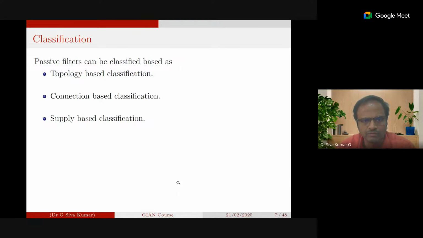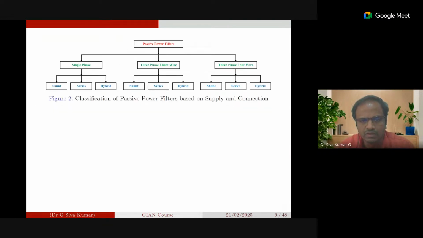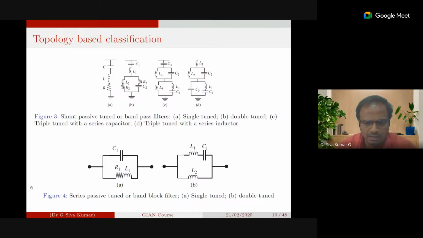We see some of the classifications and topologies, the different types based on element connection and supply-based classification. These are the three types: shunt, series, and hybrid. In a series filter, the elements are connected in series. In a shunt filter, the connection is with the line.